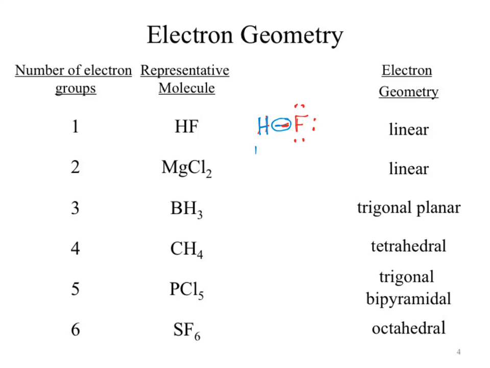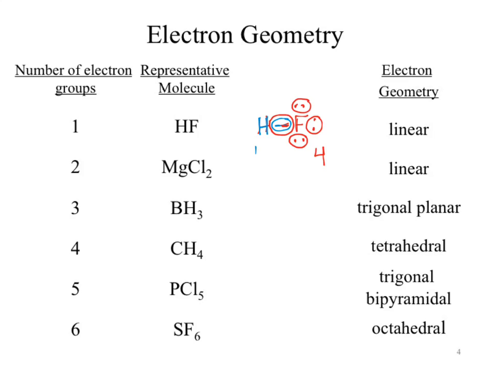How about the fluorine? Still has that bond, but then we have a pair there, and a pair there. How many groups of electrons are around the fluorine? We get 4 groups of electrons around our fluorine. So as far as this problem or my organization of this slide went, I should have picked a better molecule. What was our center atom? Had to be hydrogen for the argument of this problem.